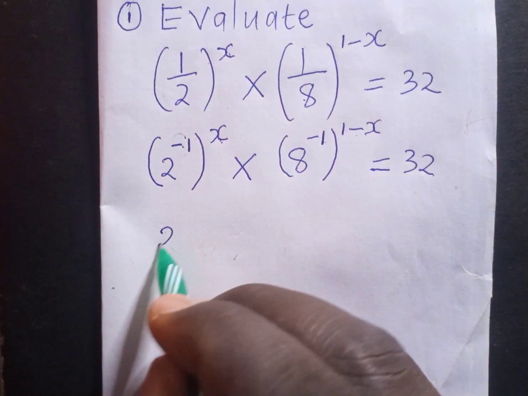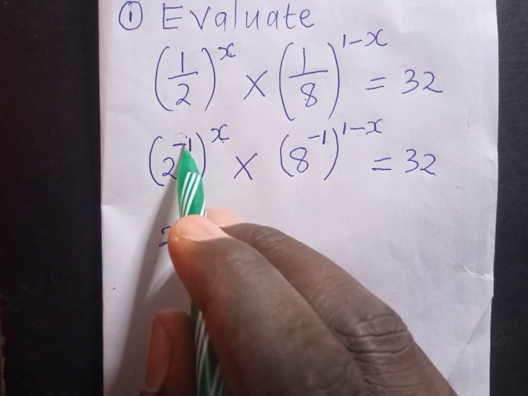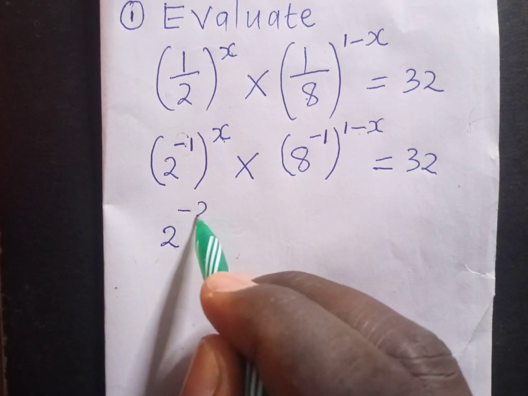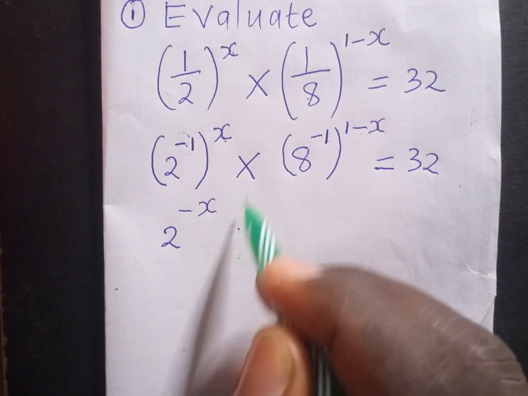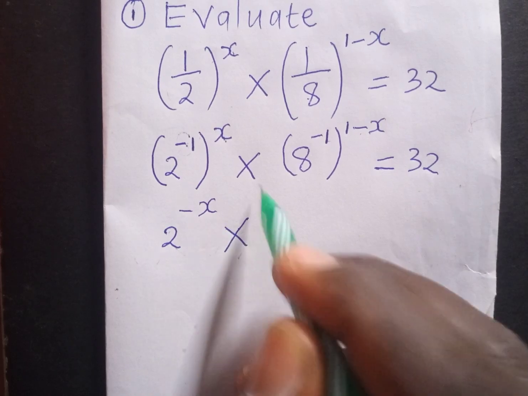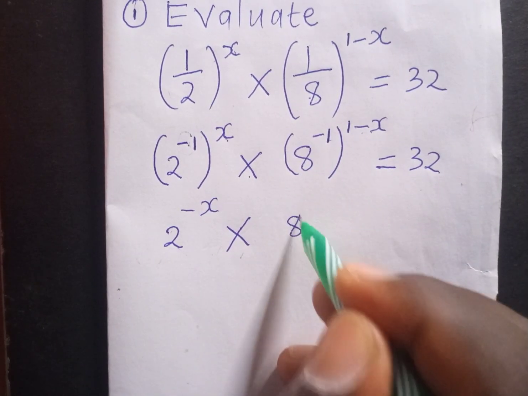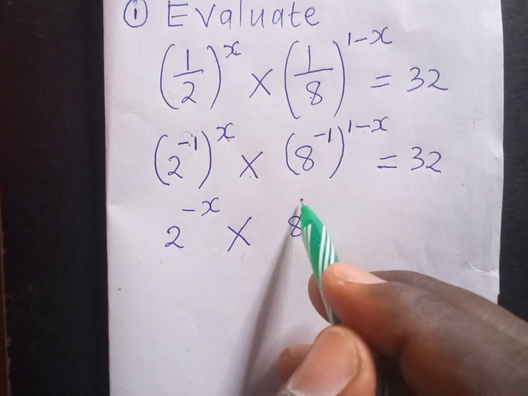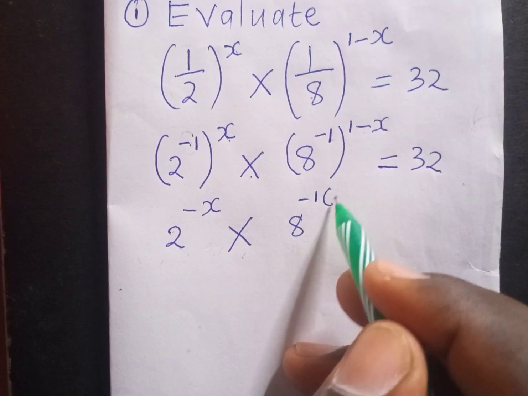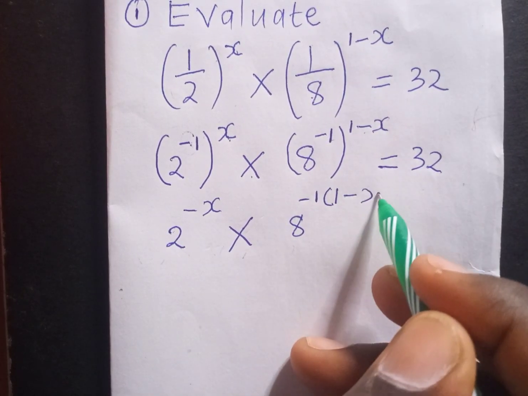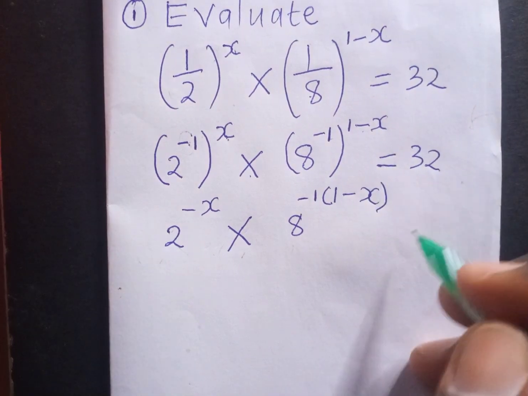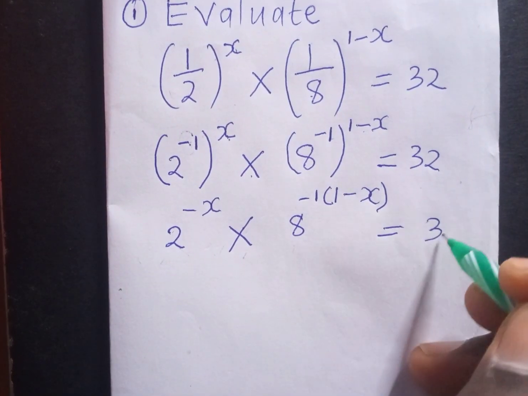So it will be 2 raised to negative 1 times x, which is negative x. Then I write this multiplication. Then we have 8 raised to negative 1 times 1 minus x. Then we close the bracket, equals to 32.